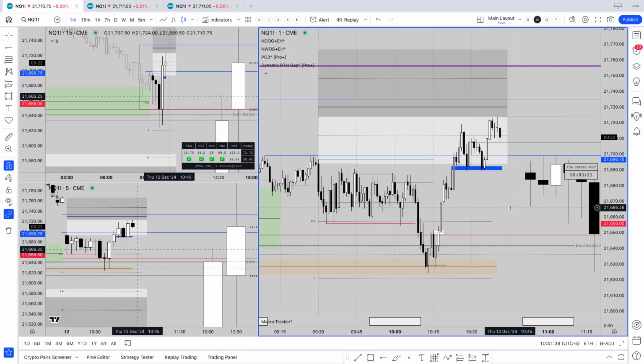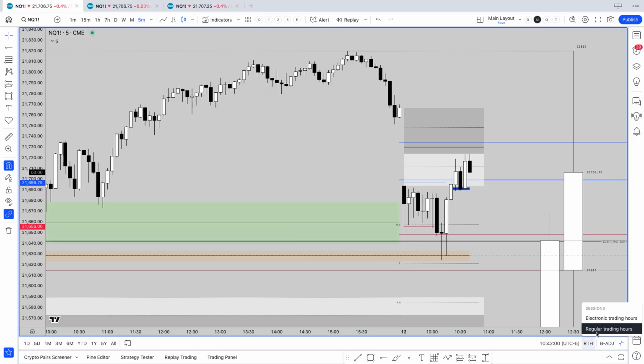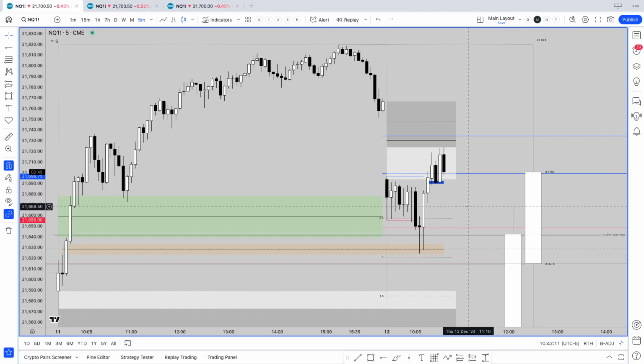Look here down in the screen. You have regular trading hours and electronic trading hours. Regular trading hours is the session when the stock market is open. It's from 9:30 opening to 4 p.m. Outside of this time window, you have the electronic trading hours.